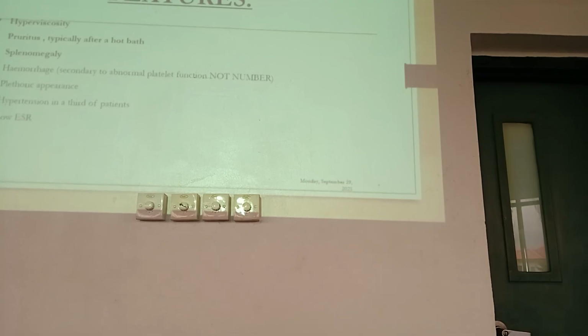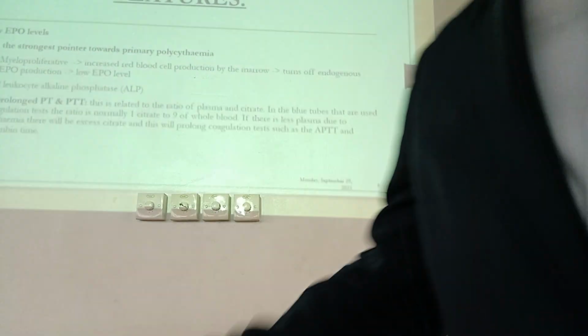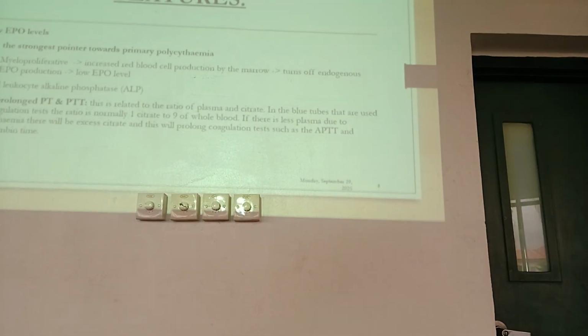But hypertension is seen in 1/3 of patients. There is a low ESR, because the ESR will be low if the red cell volume is high.